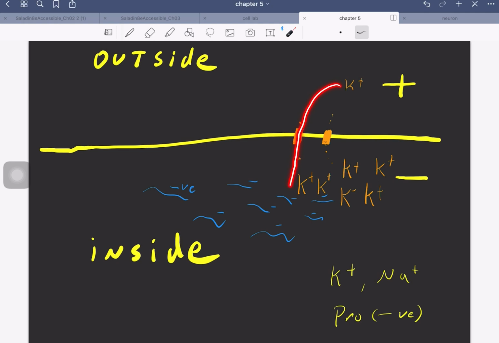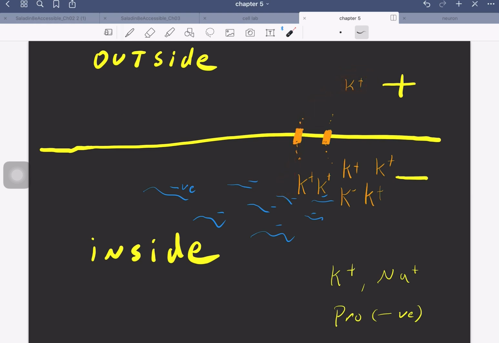Now, why is it going to be drawn back in? Part of it is because potassium is positive and there's a lot of negative organic molecules here. So there'll be that pull of a positive being pulled towards a negative, and that will help to draw it back in.